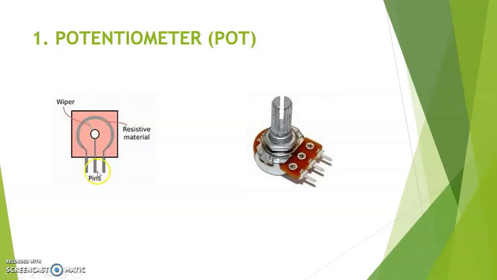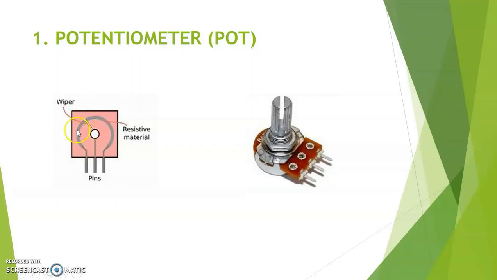But if we are taking from the first and the second pin, or the second and the third pin, then what we get is the value starting from here till where the wiper is connected. So the connection would be like this. Starting from here, it will go like this to the wiper and then again to this pin. So only this amount of resistance would be present.